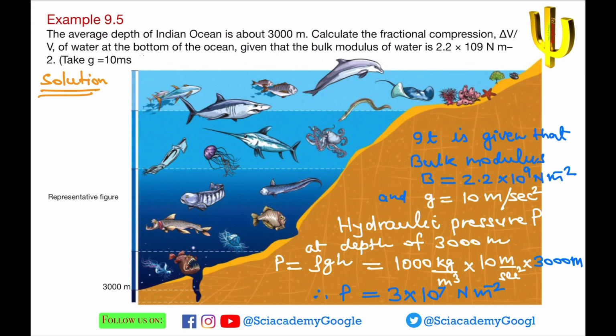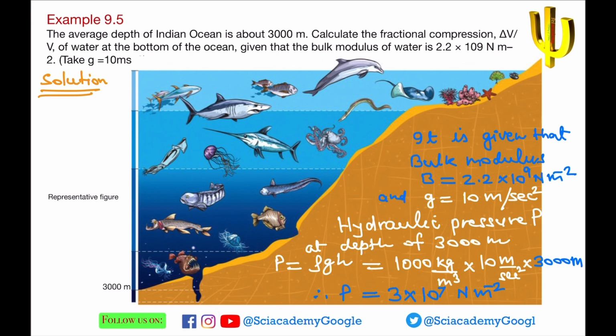You can see in this diagram that this is the arrangement of the lithosphere, and this is the ocean water column in which different aquatic animals live.